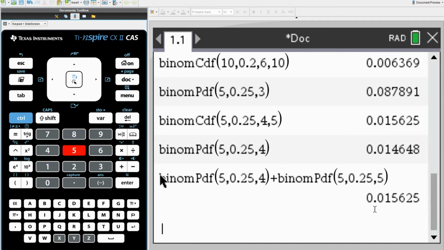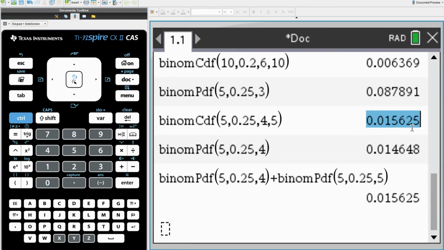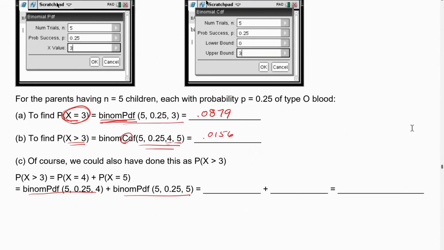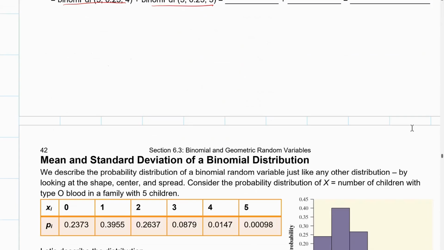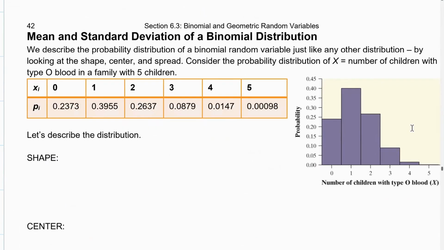And you can see that that number is exactly the same number that we got out of the CDF function. All right. And that's a good place to end this recording.